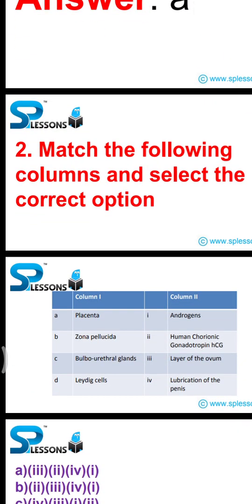Second one, match the following columns and select the correct option. Here we have column 1 and column 2, and in column 1 we have option A to option D, and in column 2 we have Roman numbers 1 to 4. In column 1 we have placenta, zona pellucida, option C bulbourethral glands, option D Leydig cells.